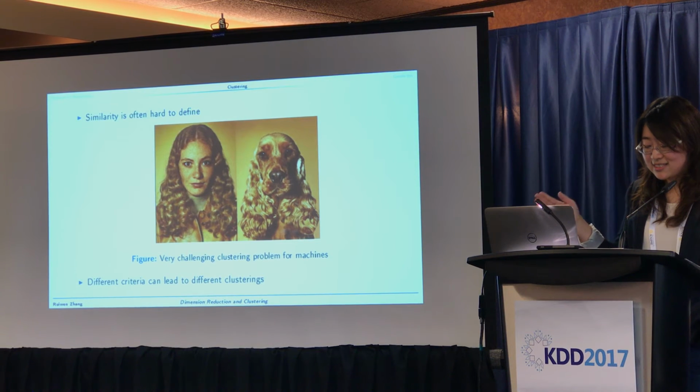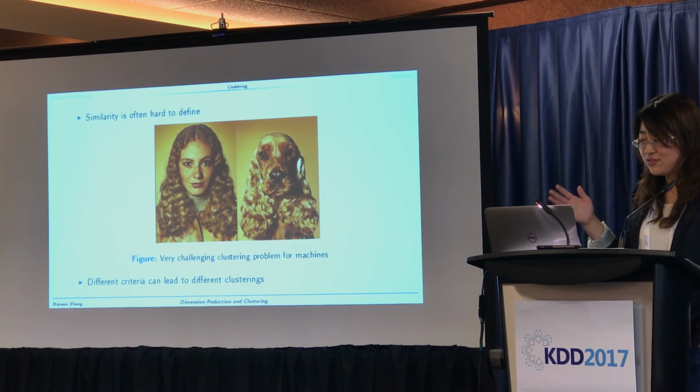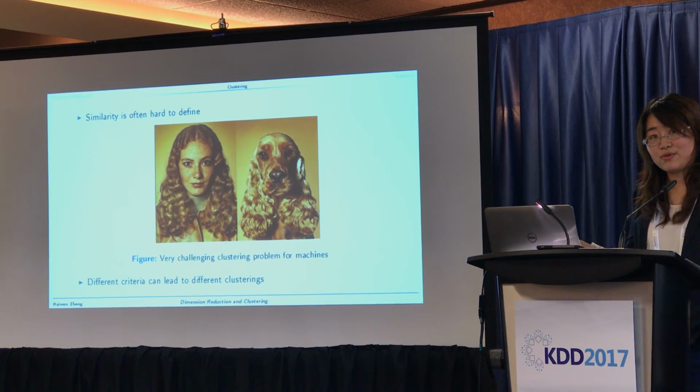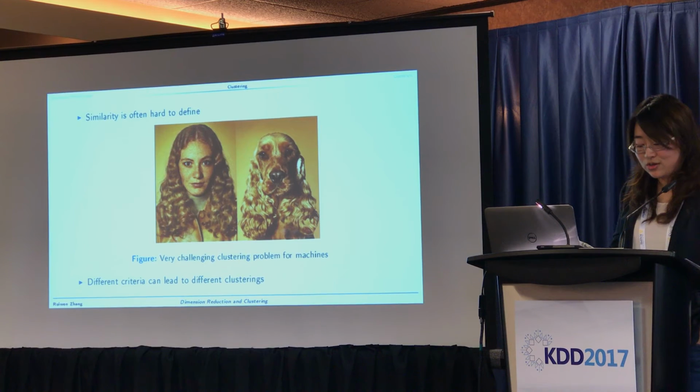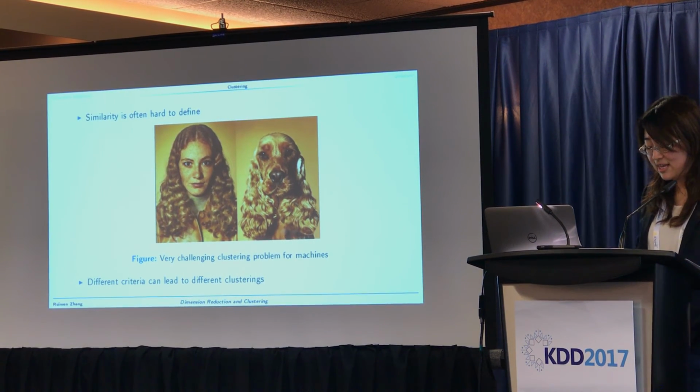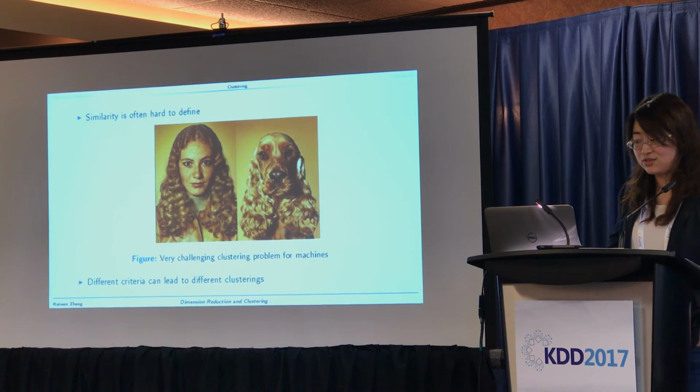So whether you think about the species as a variable here will give you just the opposite conclusions. And it's also about how much you value species as a variable over other variables. So different analysts might have completely different criteria and then result in different clustering.